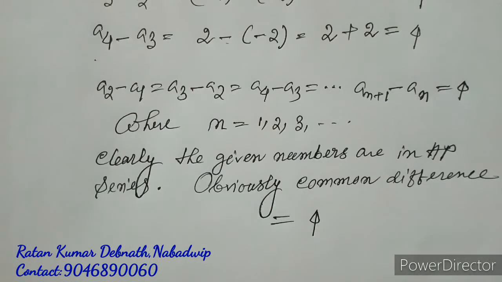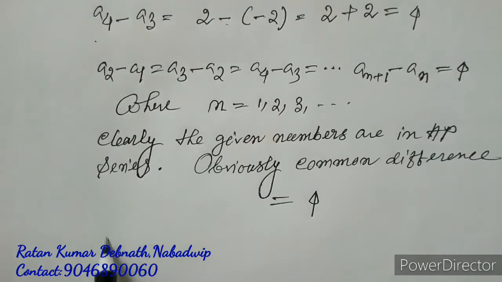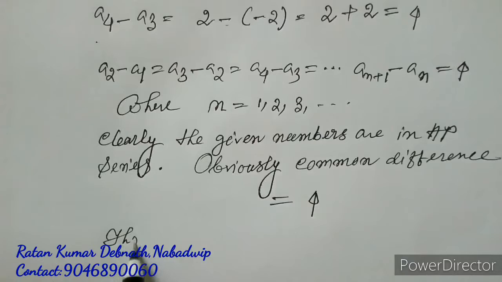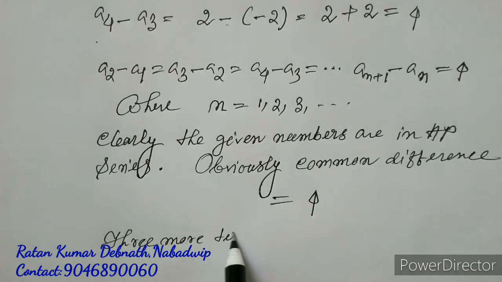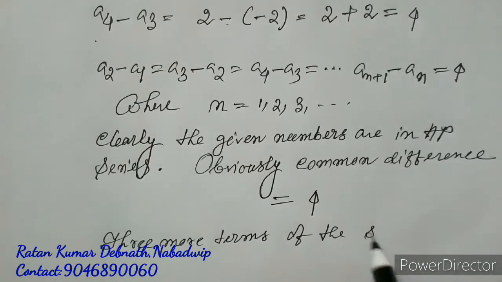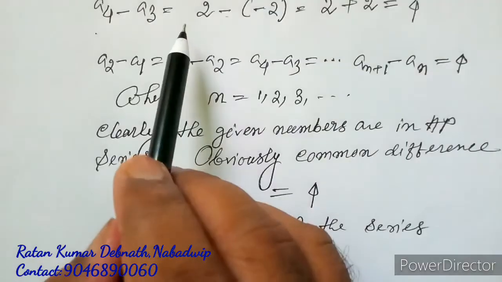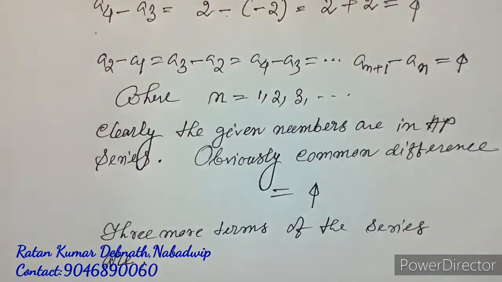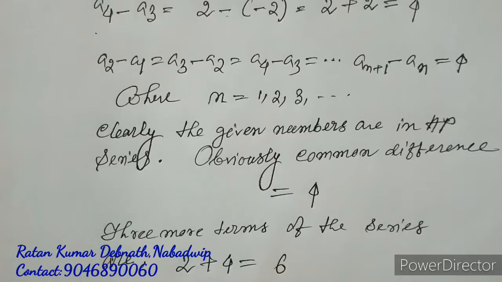We need to find out 3 more terms of the series. The fourth term is 2, so 2 plus the common difference, 2 plus 4, results in 6.